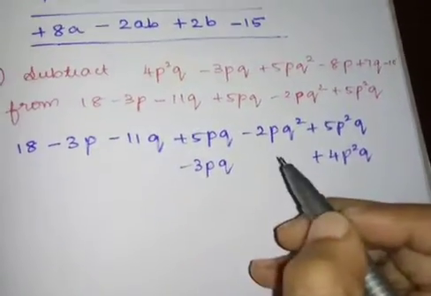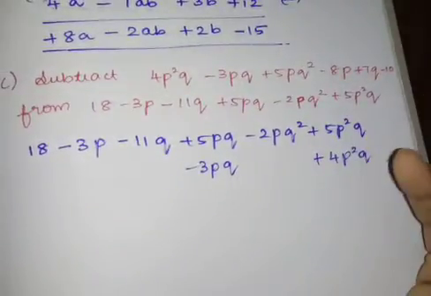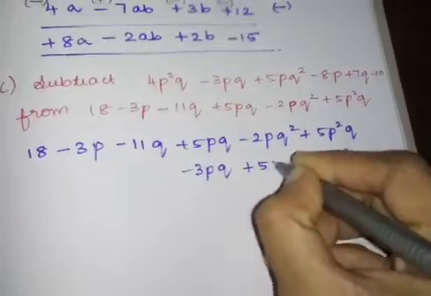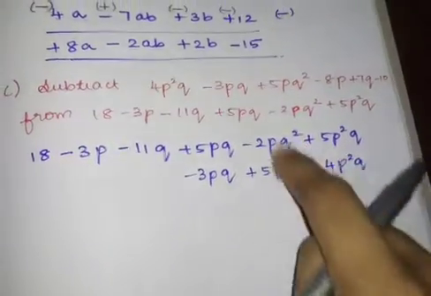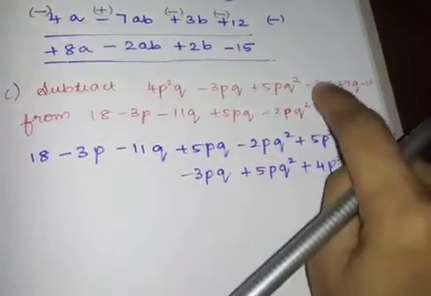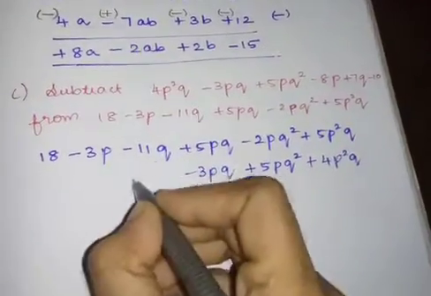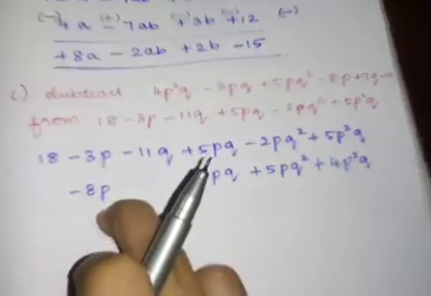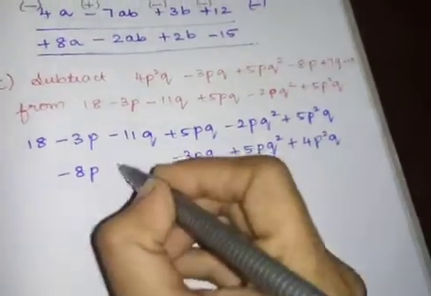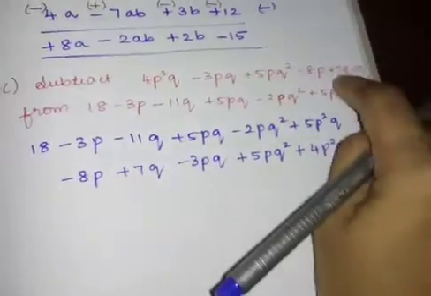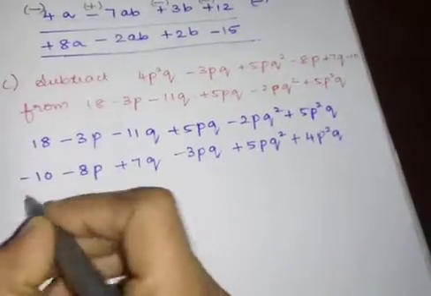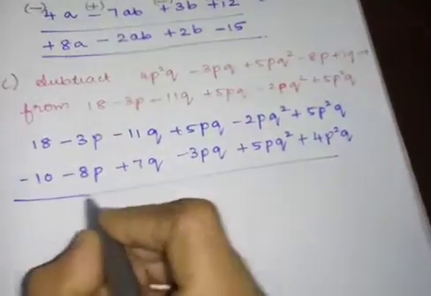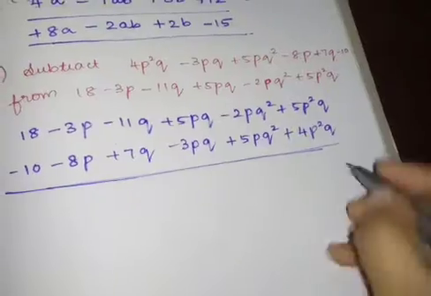Next, plus 5pq square. Correct? Same terms are coming up. Next, minus 8p. Here, minus 8p, because under this p, you should write minus 8p. Plus 7q. So, plus 7q. Minus 10. So, here minus 10. Now, I have written all the terms under the respective terms.